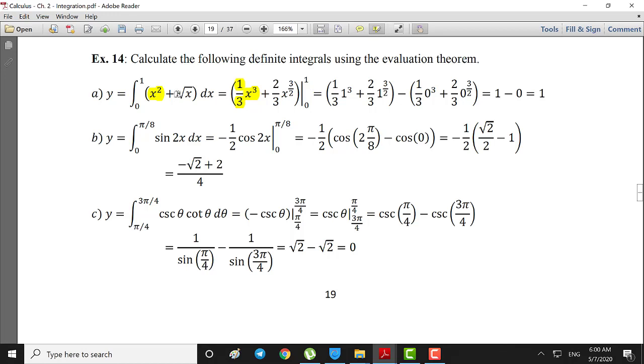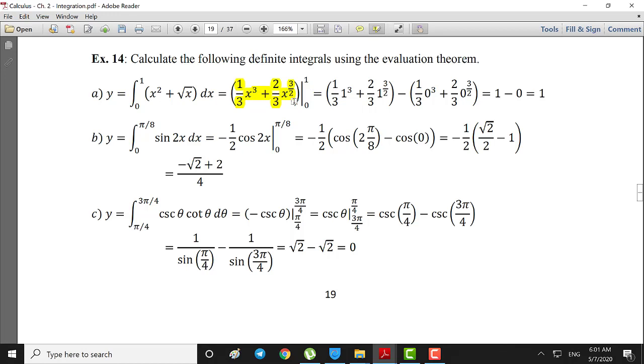And the antiderivative for square root of x is, because the square root of x is equal to x to the 1 over 2, x to the 1 over 2 plus 1, which is x to the 3 over 2, over 3 over 2, which becomes equal to 2 over 3 times x to the 3 over 2.